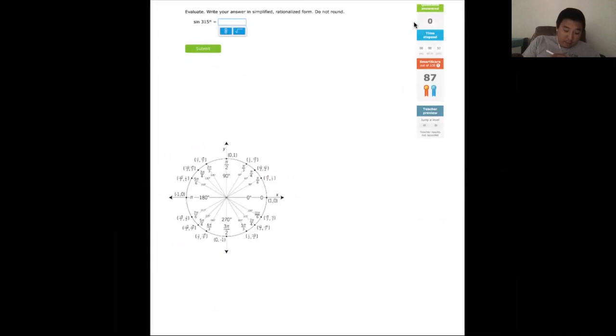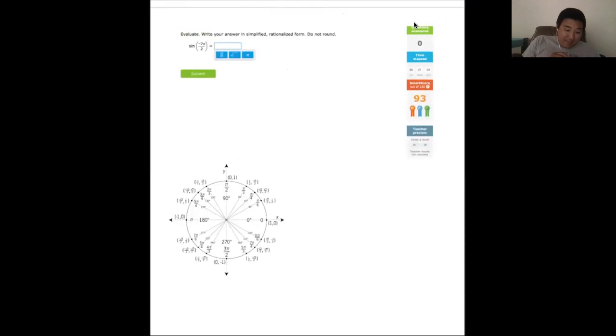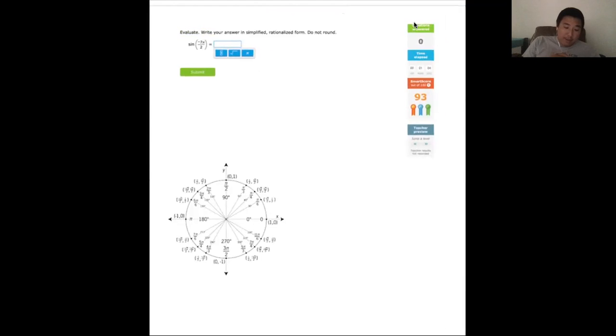Sine of 315. You get 315, and then you want sine, so it's negative root 2 over 2. This one is sine of -7 pi over 2. This is where it gets a little bit tricky. 7 pi over 2 isn't on here, and since it's negative, we have to go backwards.